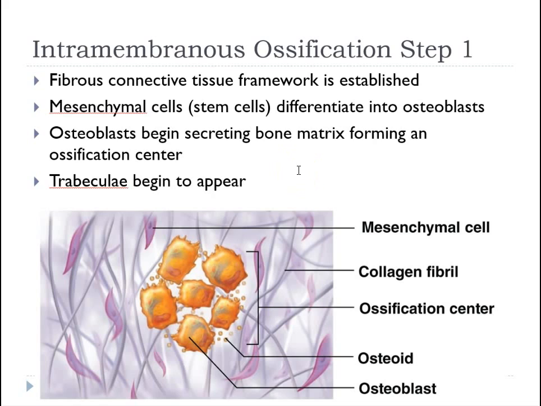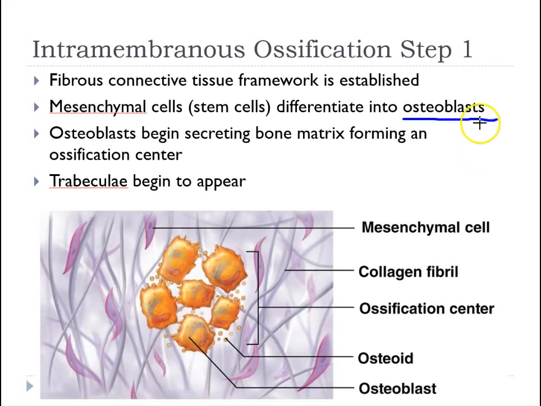So there's 4 steps for these, and let's go over all of them. The fibrous connective tissue is the main thing that makes intramembranous ossification different. They're going to use mesenchymal cells, which are just stem cells, that differentiate into a specific type of cell called an osteoblast.